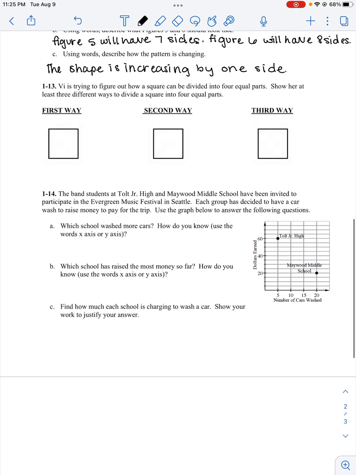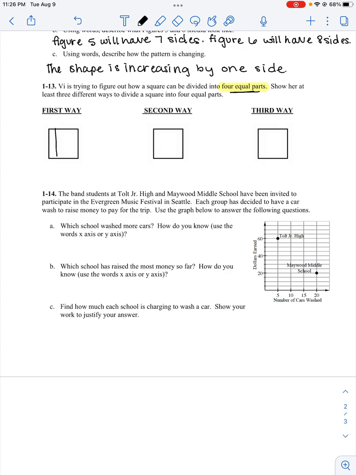Okay, problem number 13. We have Vi, and she's trying to figure out how a square can be divided into 4 equal parts. Show her at least 3 different ways to divide a square into 4 equal parts. So, remember, they're equal parts.